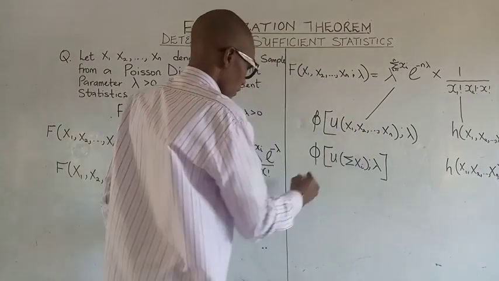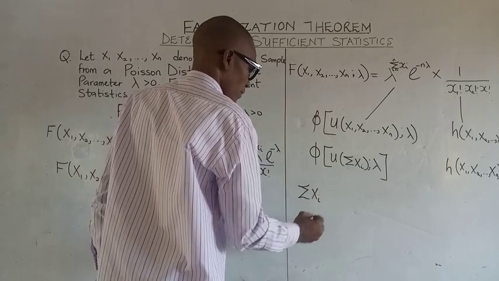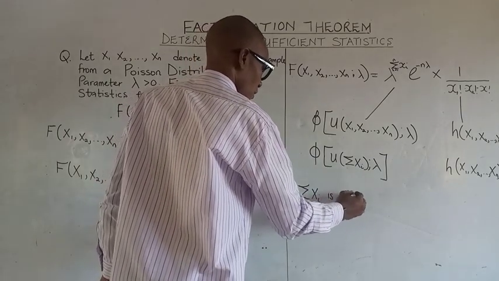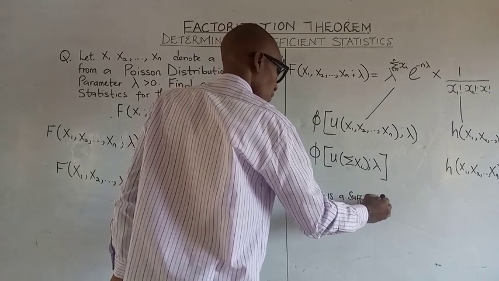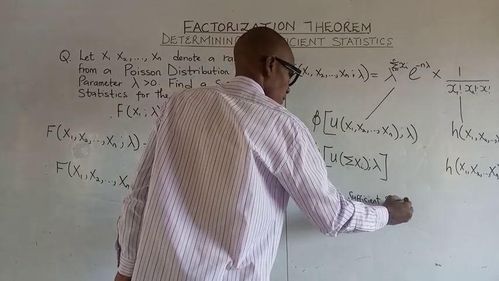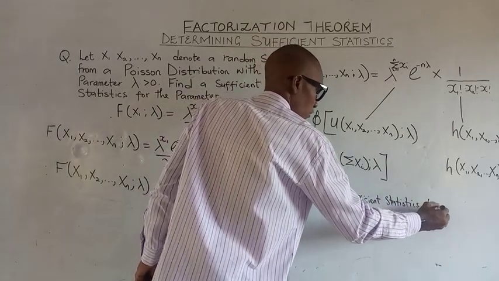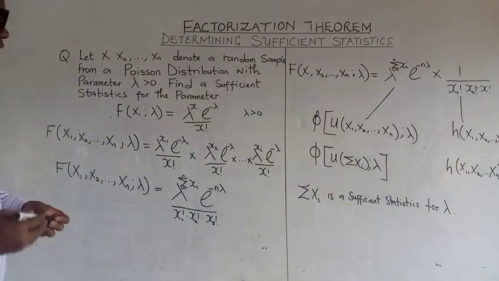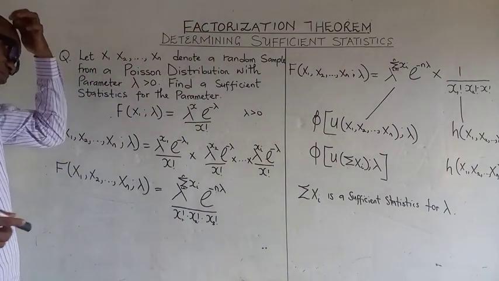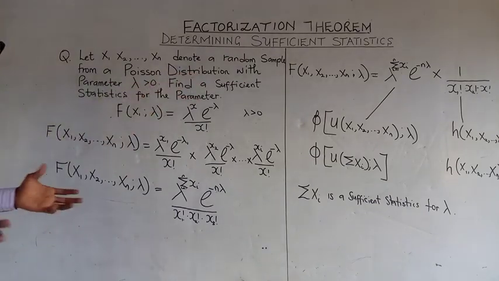So it means that the summation of xi is a sufficient statistic for lambda. So this is how we can get the factorization theorem for the Poisson distribution. It's quite simple.